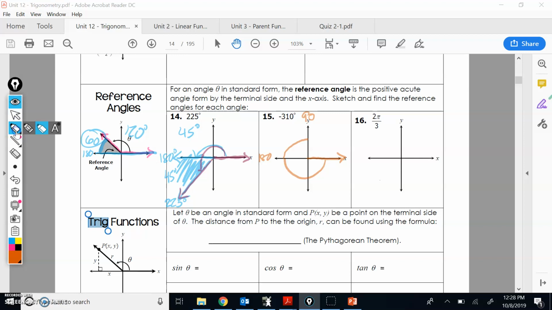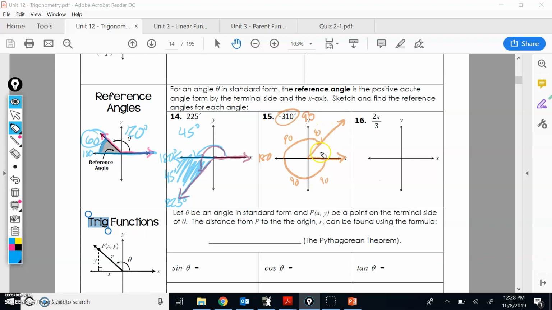You need an extra 40 more, and we got to our angle. So this was 90, another 90, another 90, so we're at 270, and an extra 40 more makes negative 310, because we went the opposite direction.